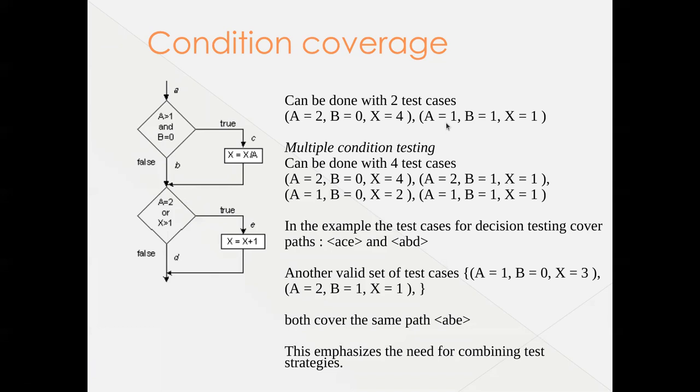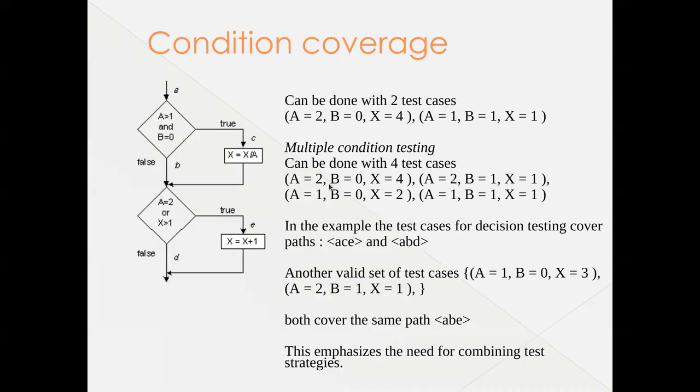Check whether A is equal to 1, B is equal to 1, x equal 1. A is equal to 1, it is false. Here it goes to false. Then A is equal to 1, here also false, this path. Multiple condition testing can be done with 4 test cases.